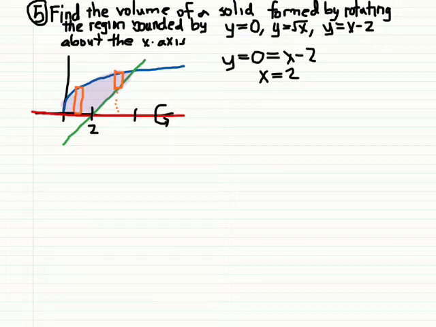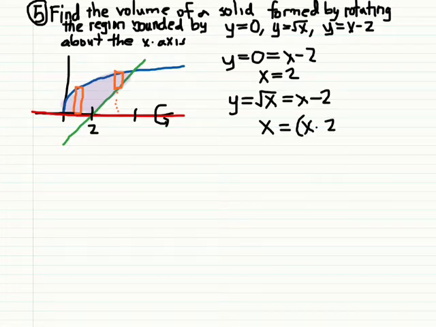Alright, if I'm curious where the square root function meets the x minus 2 function, I'll solve that as well. Notice that this is going to require squaring both sides. So the square root of x squared is x. x minus 2 squared is really x squared minus 4x plus 4.